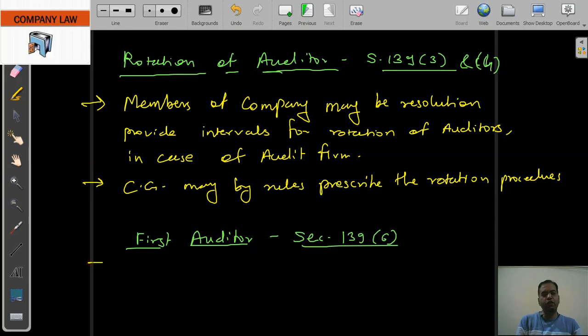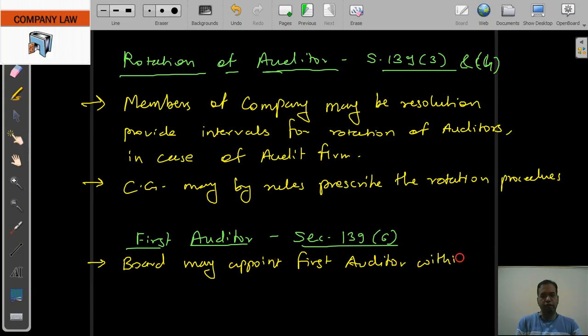So who can appoint the first auditors? The board may appoint the first auditor within 30 days of incorporation.